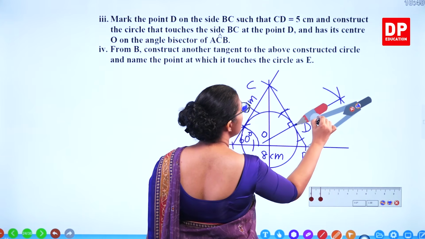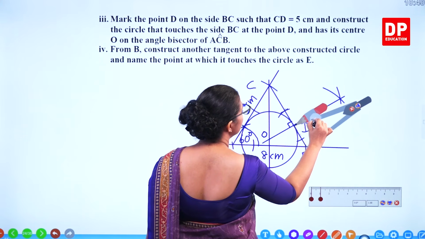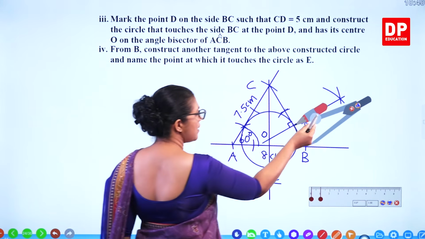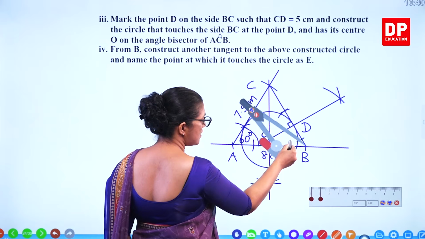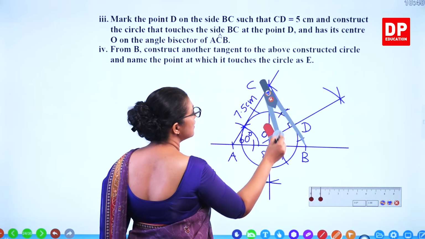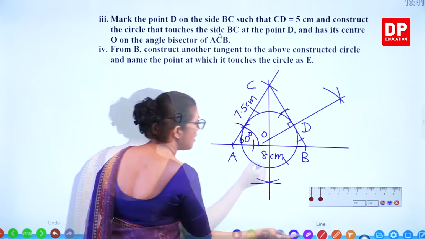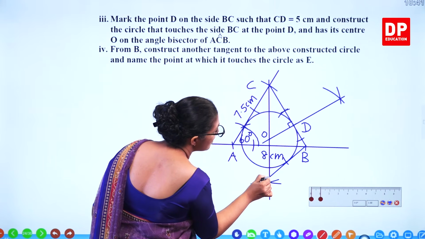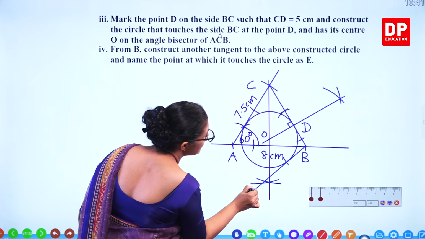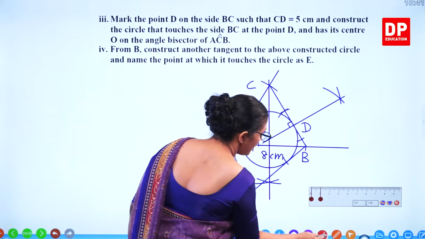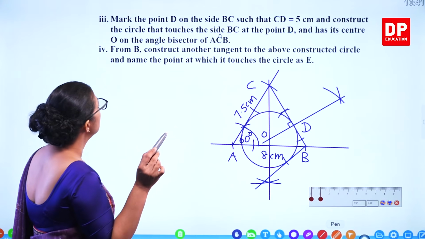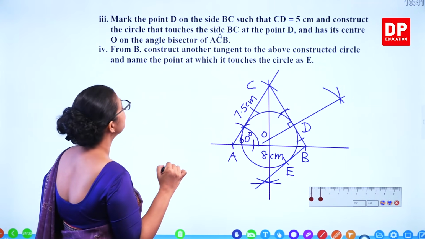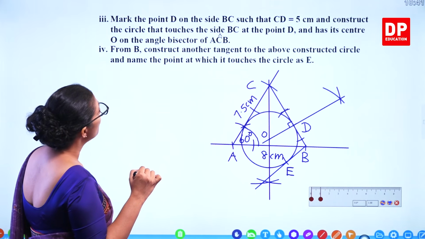So this length is the tangent from B. So you can mark the same length on this side to the circle. Now you can take the ruler and connect this B point and this point. That's the other tangent line. And mark the point as E. So this is E point. So that's the fourth part.